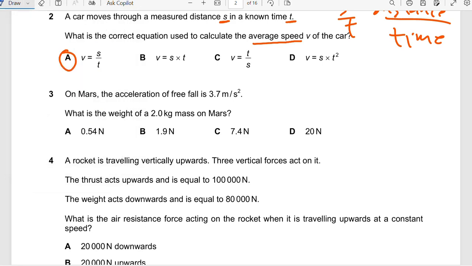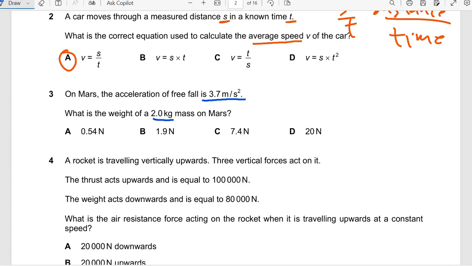It says, on Mars, the acceleration of free fall is 3.7 meter per second squared, which is the gravity constant on Mars. They say, what is the weight of 2.0 kilogram mass on Mars?